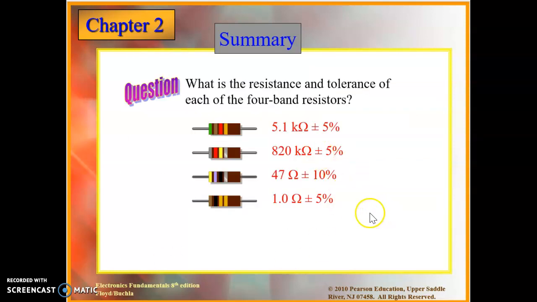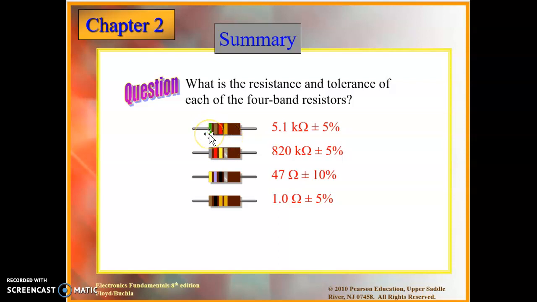Okay, here we have an example of how we can use the chart to read the values of these resistors. Right here they're giving us pictures of the resistors. In the next slides we are going to see the symbolic representation of a resistor. Here we have green, brown, red, and gold.